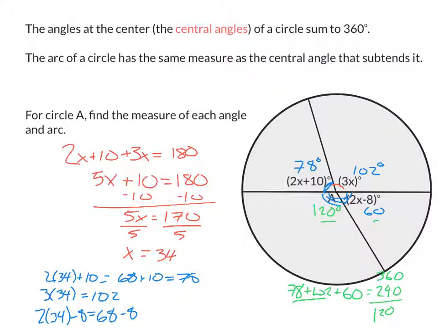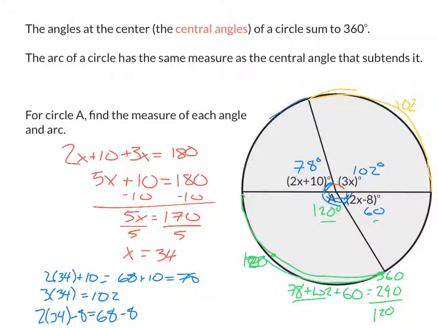So those are the angle measures. What are the arc measures? Arc measures are measured in degrees, and they're the exact same thing as the central angle. So this arc right here is 102 degrees. This arc right here that I have listed in green is 120 degrees.